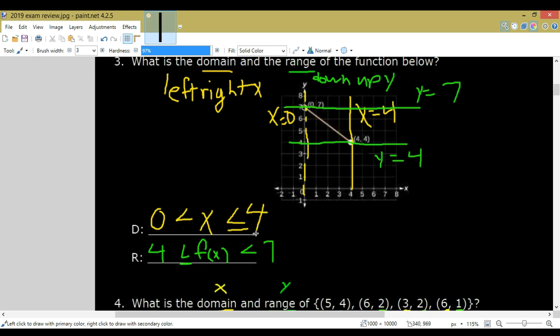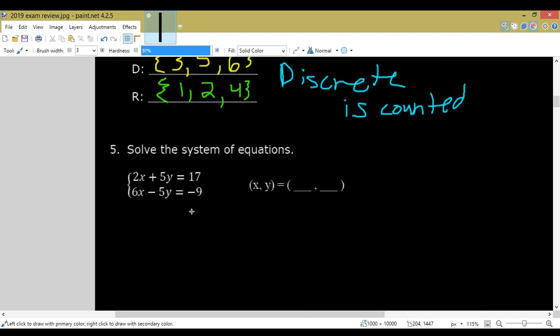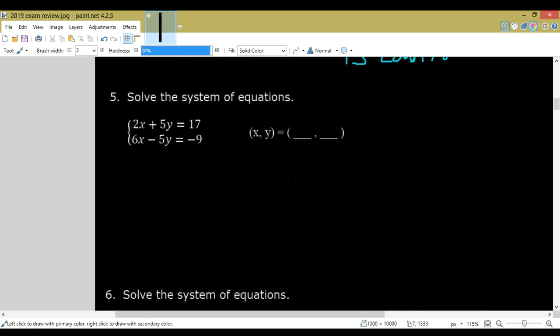We have less than or equal to symbols, and we have a line. You can make as many points on the line as you need. So that's not discrete, that's contiguous. And contiguous is measured.